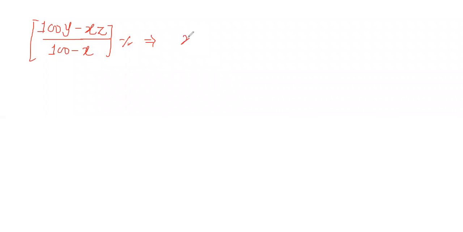The next formula we use at this place. I will write the formula first, then tell you. 100y minus xz divided by 100 minus x. 100 minus x. Okay. This formula we are using for: if a man spends x% of his income, and his income is increased by y%, and his expenditure also increased by z%.